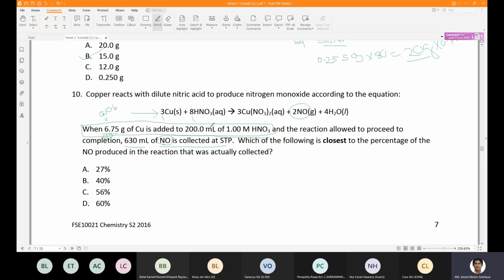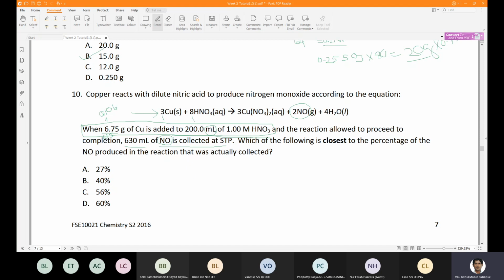What about nitric acid? n equals C times V once again, and V means volume in liters, but it is in milliliters, so you have to convert it to liters. You just divide by 1000 so it becomes liters.